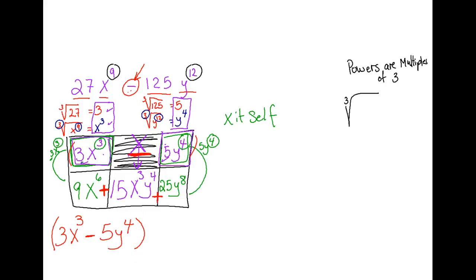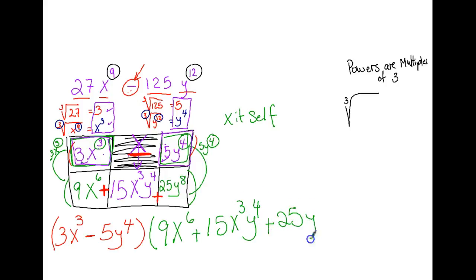Then your second parenthesis, which is 9x to the 6th plus 15x cubed y to the 4th plus 25y to the 8th. All I've done is copy this as it is in the second parenthesis, and the top goes to the first parenthesis with the original sign in between, and I'm done.